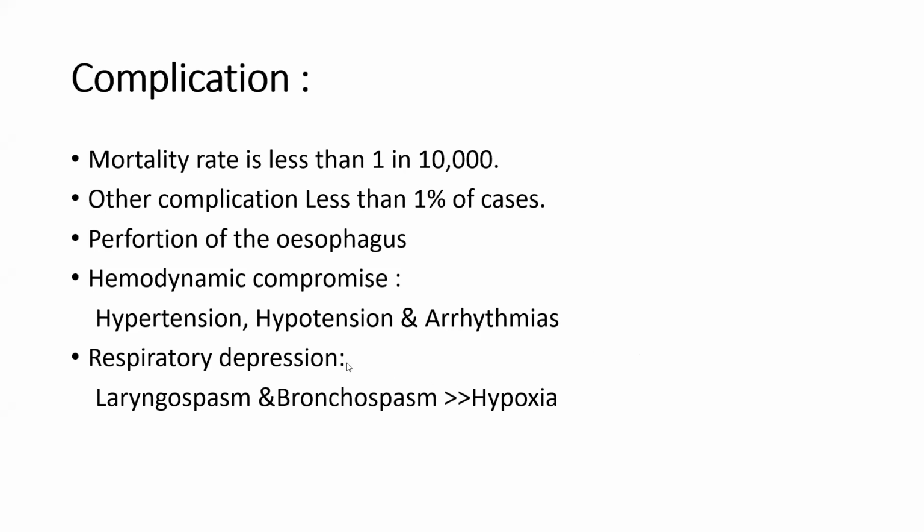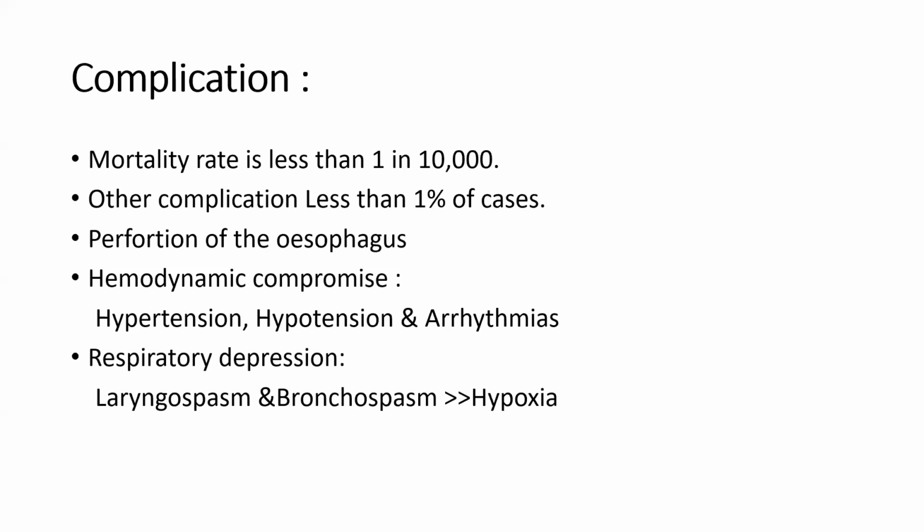Then sometimes when you are giving sedation to a patient with a background of cardiac problem, DCM, low ejection fraction, or some respiratory problem, COPD, these patients usually develop hypoxia, bronchospasm, and laryngospasm. If you give a higher dose of sedation, usually we give around 1 to 2 milligrams of midazolam, maximum 3 milligrams, the patient will be moderately sedated.